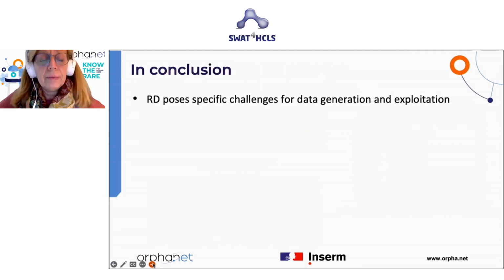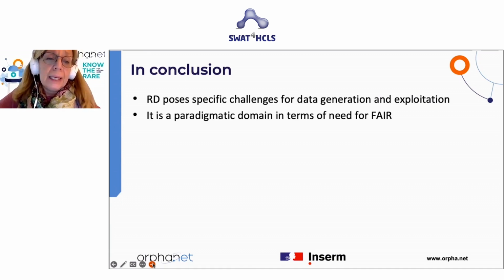So in conclusion, I hope you have understood where the challenges are for rare diseases, how hard it is to generate data and to exploit data. We are not there yet, but we are in much better shape now than we were in the past. Rare diseases is a paradigmatic domain in terms of the need for FAIR.